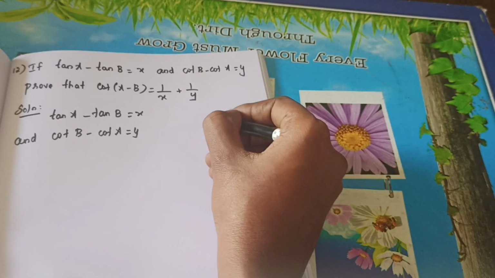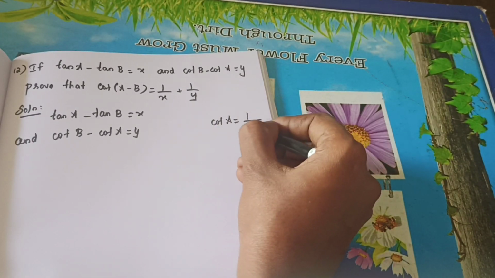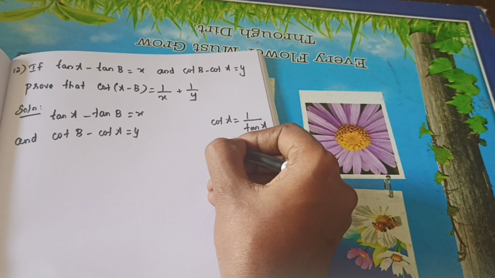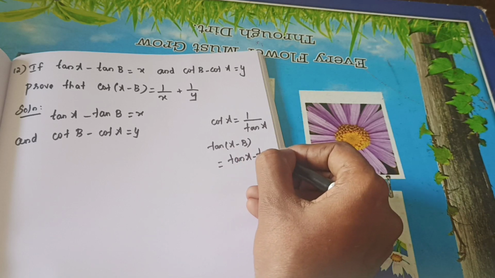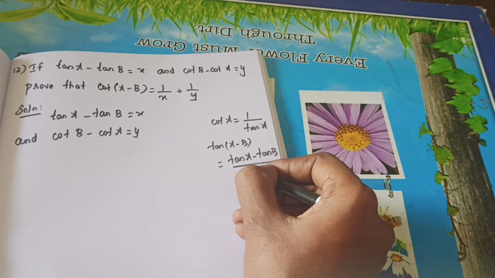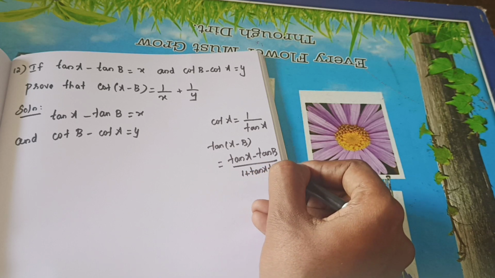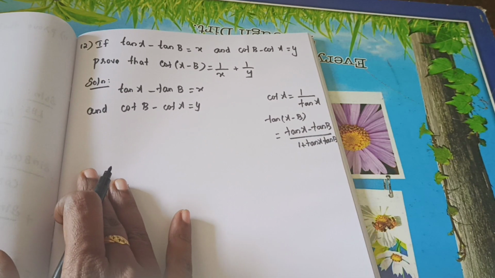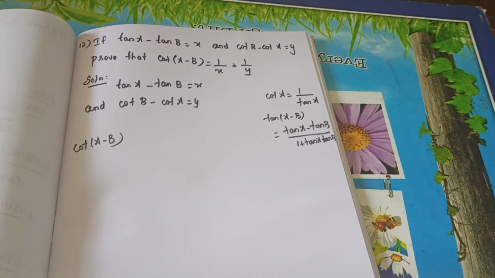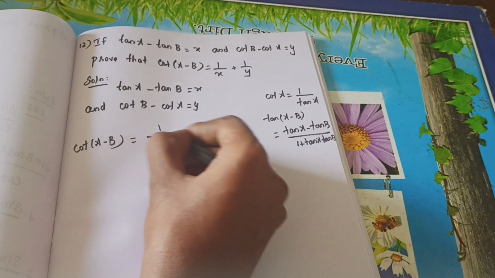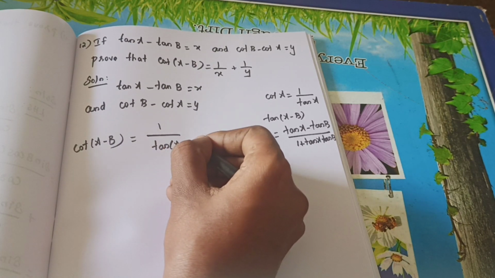Okay. You know cot, how will you write it in the form of tan? Then what's the formula for tan(A minus B)? Tan A minus tan B divided by 1 plus tan A tan B, correct? First, we need to find the value of cot(A minus B). You don't know the formula for cot(A minus B), but we know the formula for tan(A minus B). So cot(A minus B) we will write as 1 by tan(A minus B), correct? Now substitute the formula.